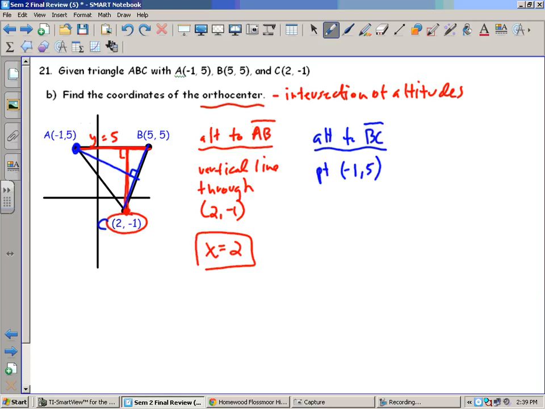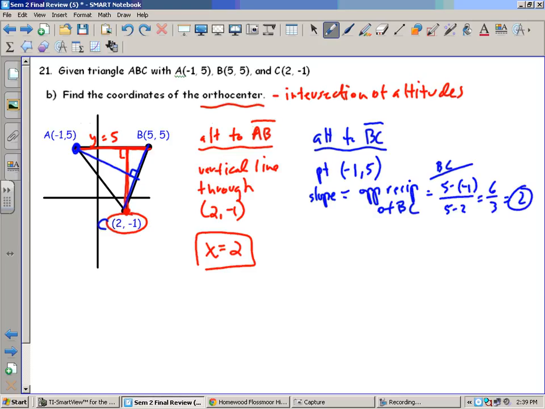So the slope of BC is going to be 5 minus -1, all over 5 minus 2, so 6 over 3, which is 2. So my slope is going to be -1/2.